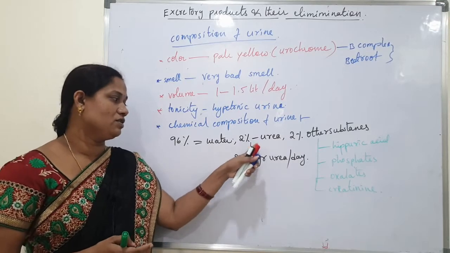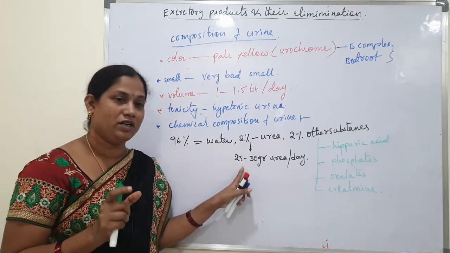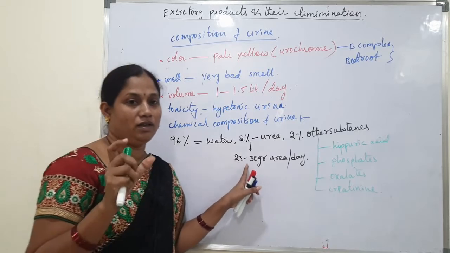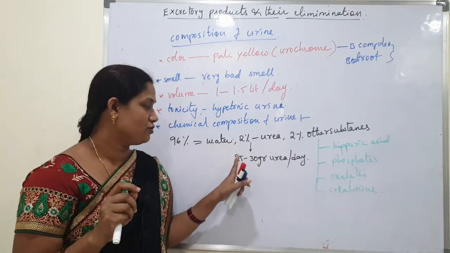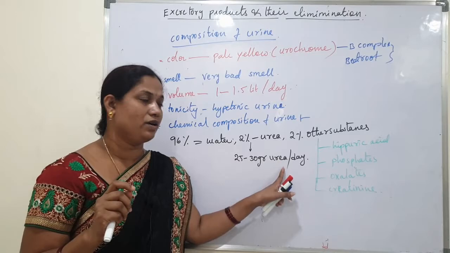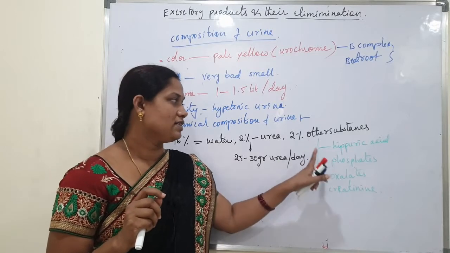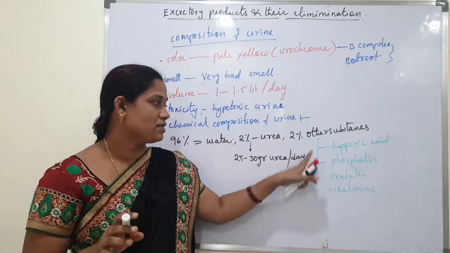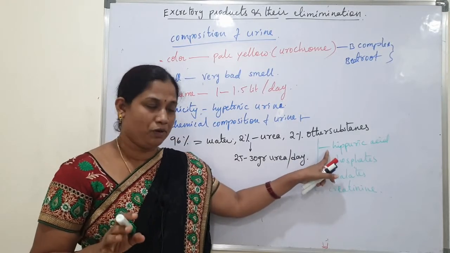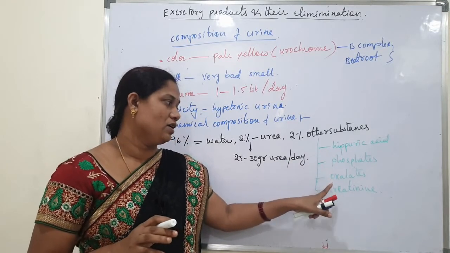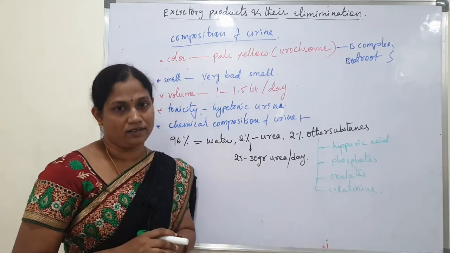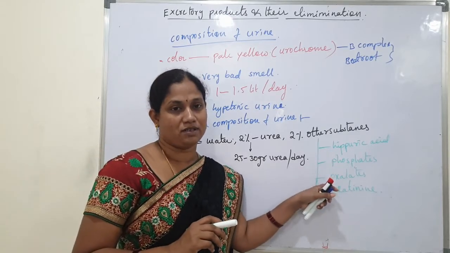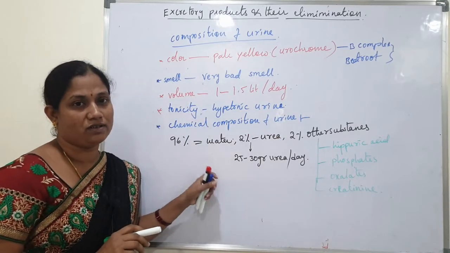A healthy person can excrete 25 to 30 grams of urea per day. The other substances are hippuric acid, phosphates, oxalate and creatinine. These components are present in the urine.